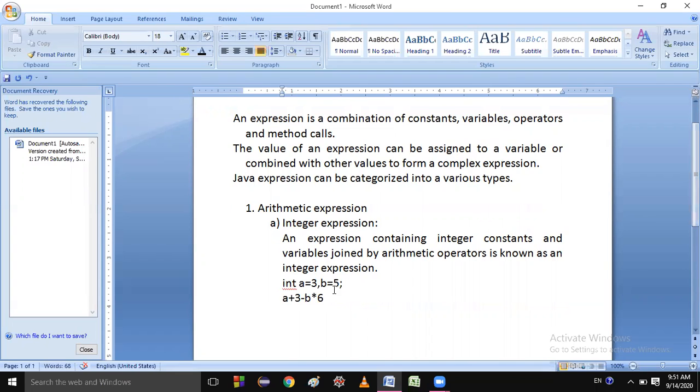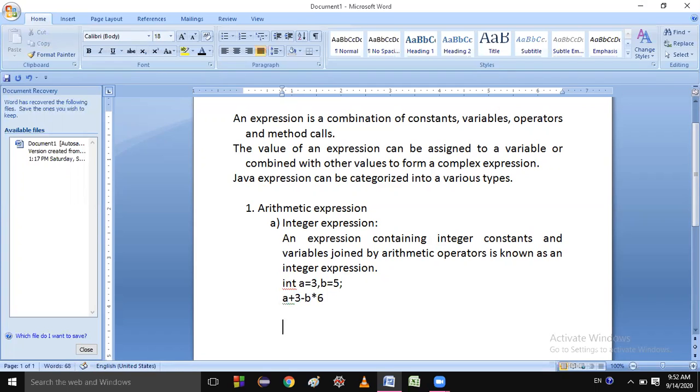You know that these constants are of integer type, you just see here, and the variables are also of integer type. There are arithmetic operators also. The definition is satisfied: an expression containing integer constants and variables joined by arithmetic operators is known as an integer expression. So this comes to the arithmetic expression.